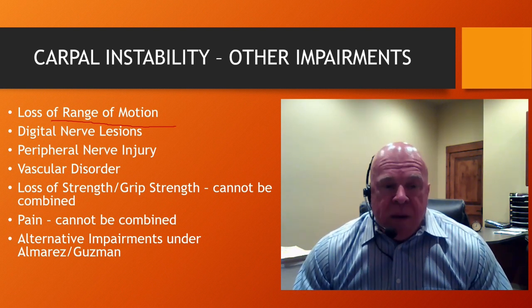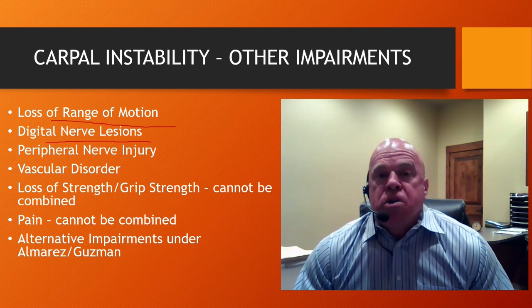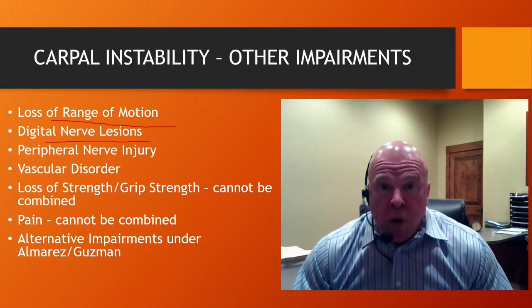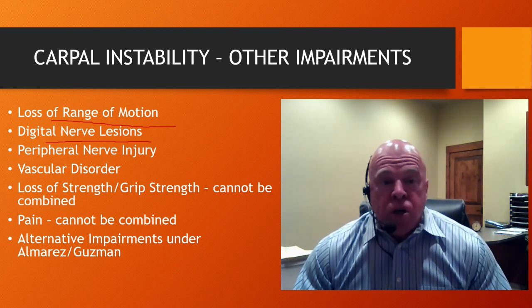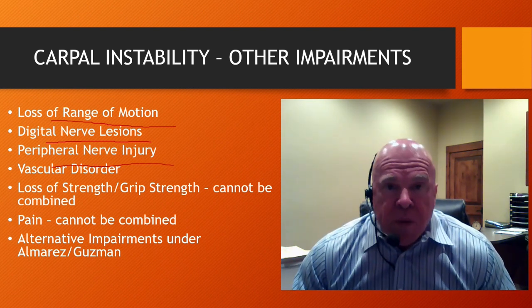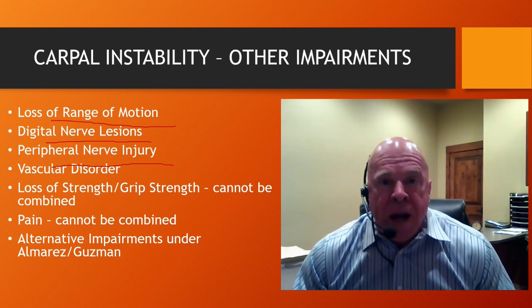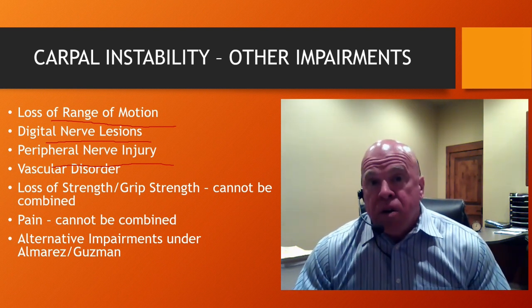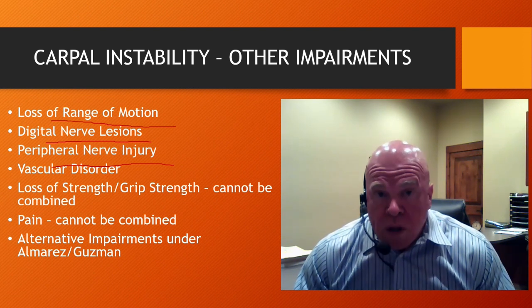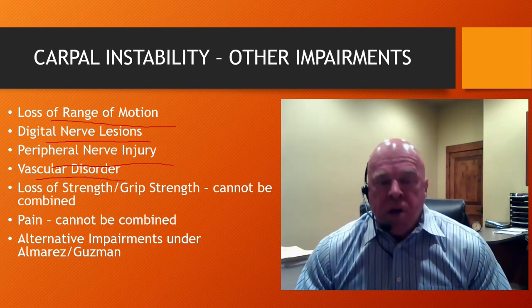Some of these examinees may have concomitant digital nerve lesions of any or multiple digital nerves. They may present with peripheral nerve injury, typically involving either the median nerve, the ulnar nerve, or perhaps even the radial nerve in the case of injury to the dorsal aspect of the hand. They may present with vascular disorder.